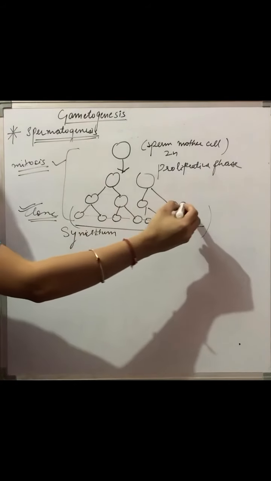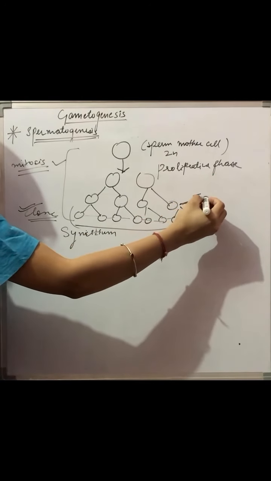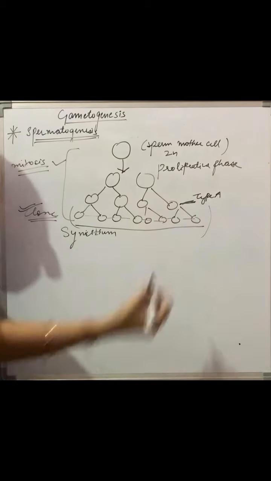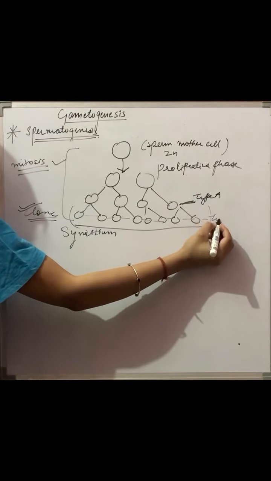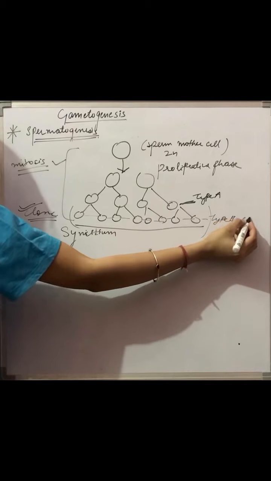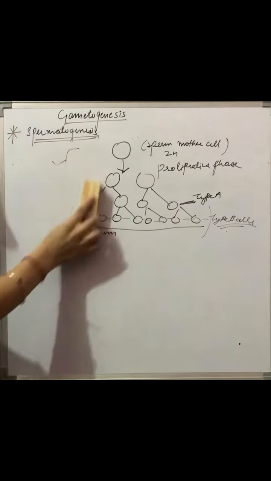Up to here, these cells are not yet developed so that they can go to the next phase, and these cells are called type A cells. And these cells which are formed now are developed so that they can go to the next phase of reductional division. They are known as type B cells. So we are complete with this phase. We will discuss the next phase now.